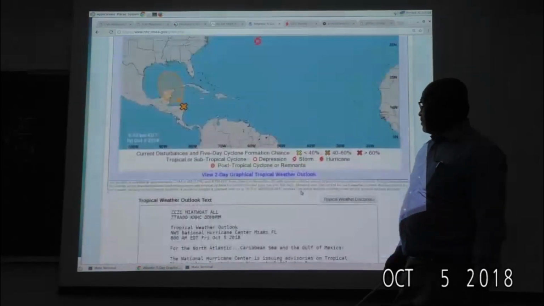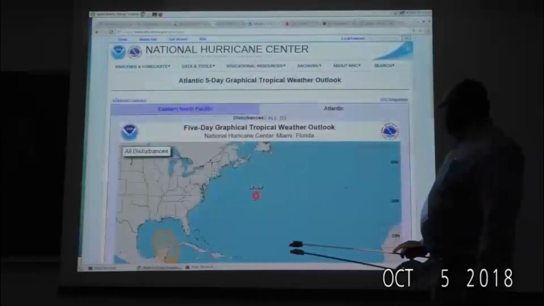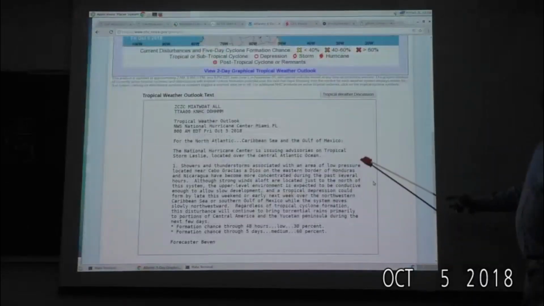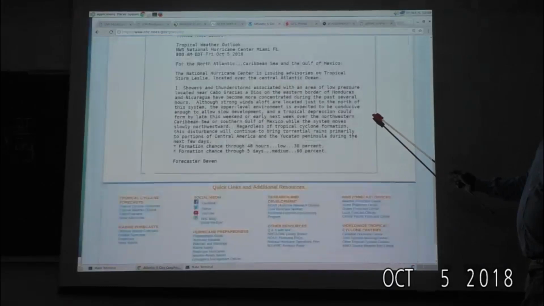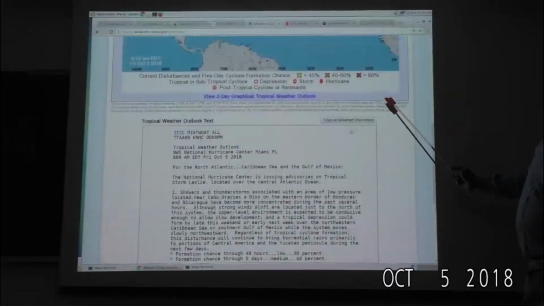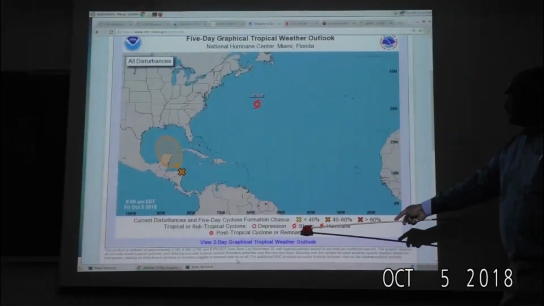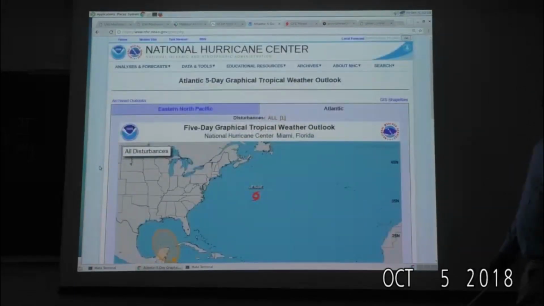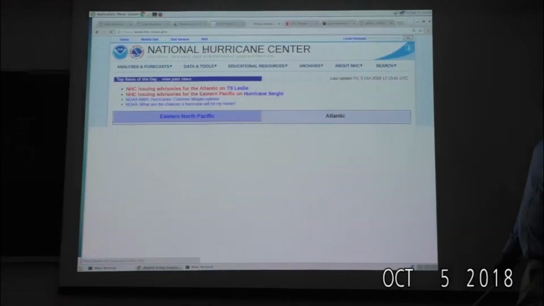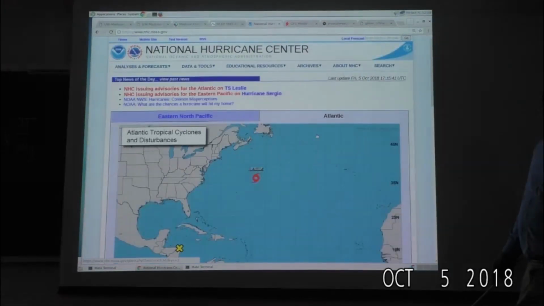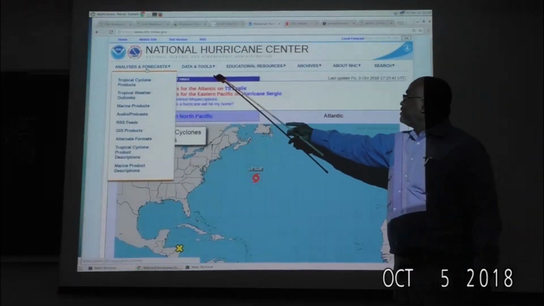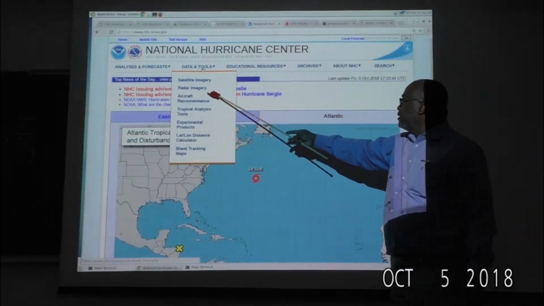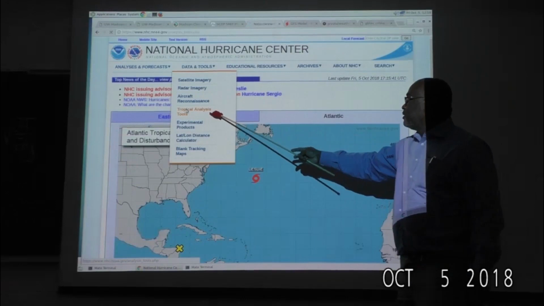Pete, scroll up. There's a discussion, a text outlook. We don't have a graphical one. There's a whole Atlantic and East Pacific analysis. If you could, slowly go over this for a second. Tropical analysis, yeah.